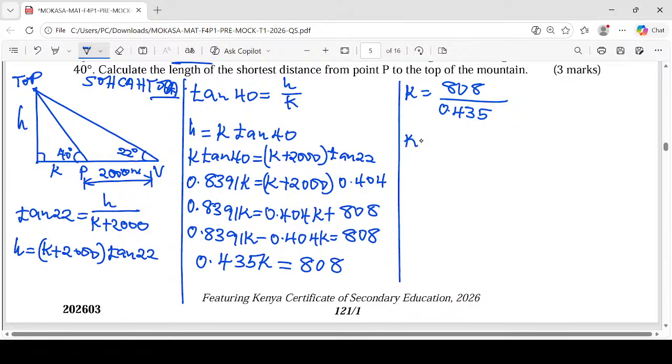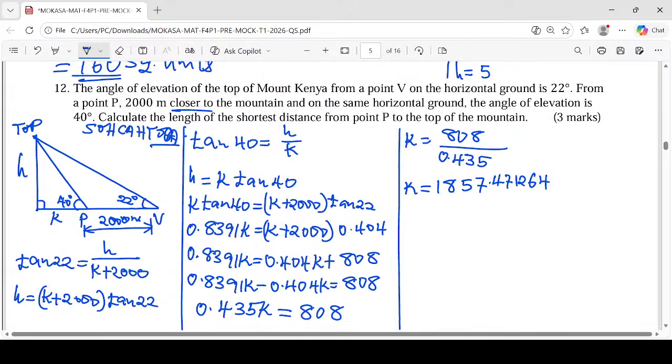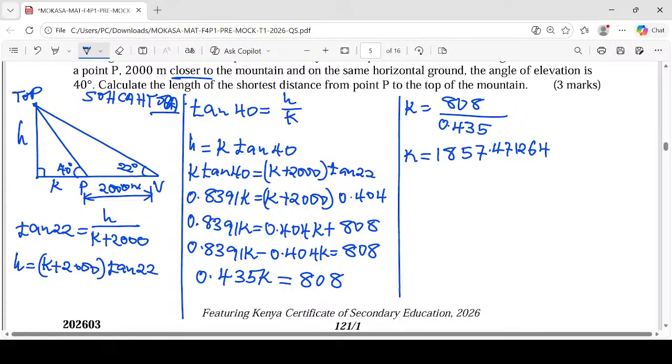When you divide 808 by 0.435, you get 1857.471264 meters. So that is the value of k.